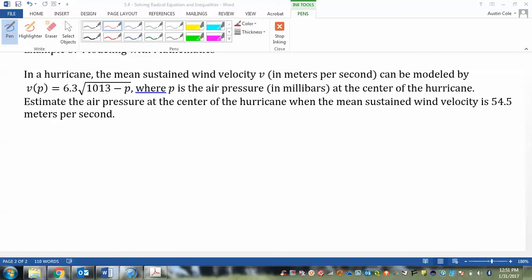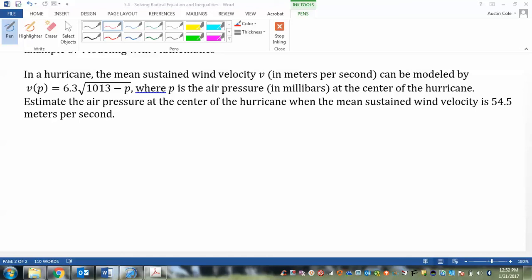Mean is average. So in a hurricane, the average sustained wind velocity, V, in meters per second, can be modeled by this function, where P is the air pressure in millibars. I don't know what a millibar is. It's some type of measurement.